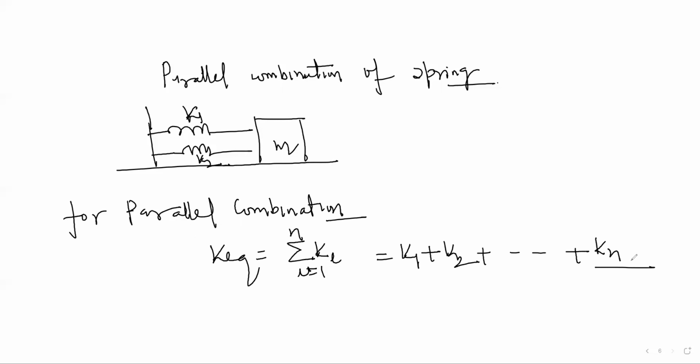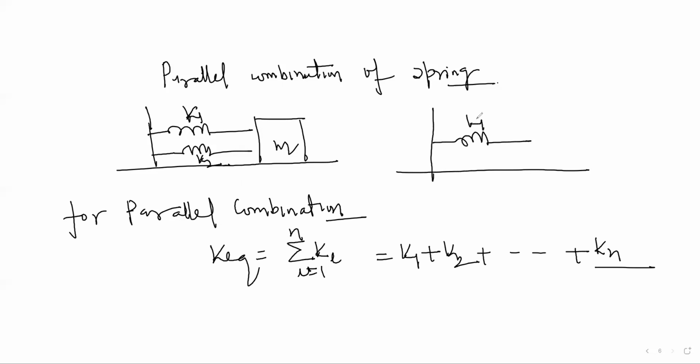So this is just like capacitors. What is the formula for capacitors in parallel combination? C equivalent is equal to the summation of C, and for series combination of capacitors it is 1 upon C equivalent equal to 1 upon C1 plus 1 upon C2 plus so on. One more design for parallel combination could be like this.